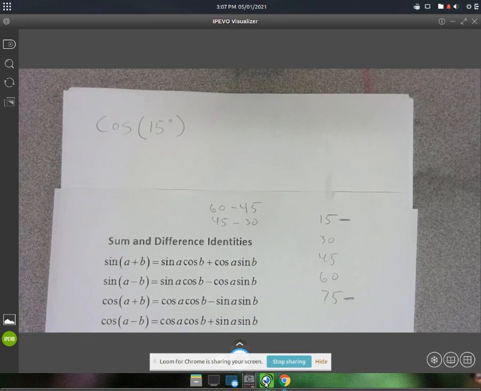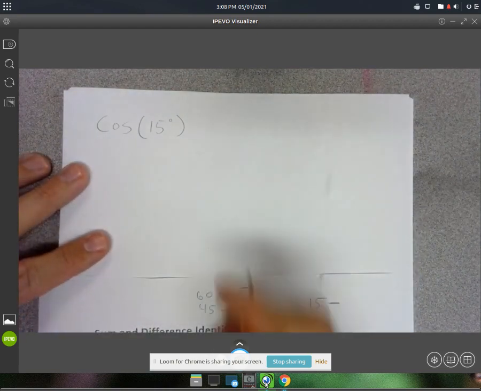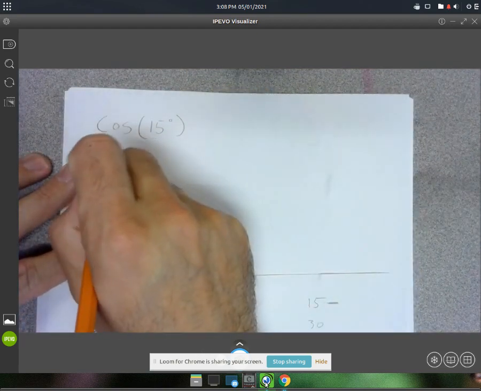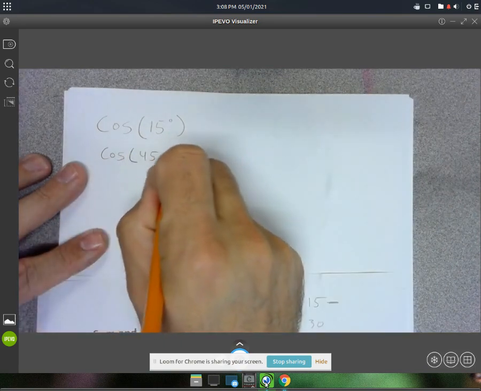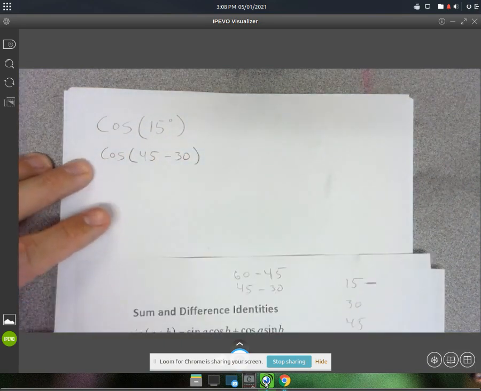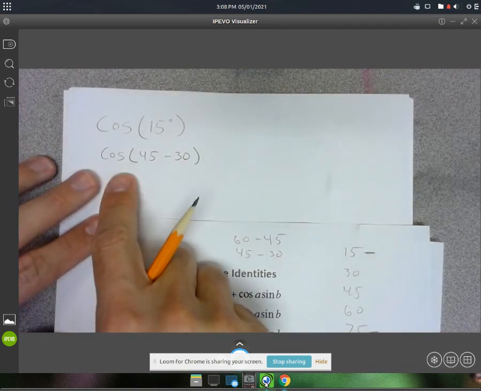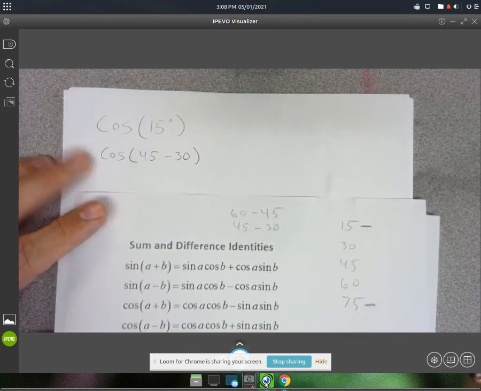It's kind of a judgment call. It's up to you. I'm probably just going to go with 45 minus 30. So the cosine of 15 degrees is the same as the cosine of 45 minus 30, and so I'm going to be using the cosine difference formula.